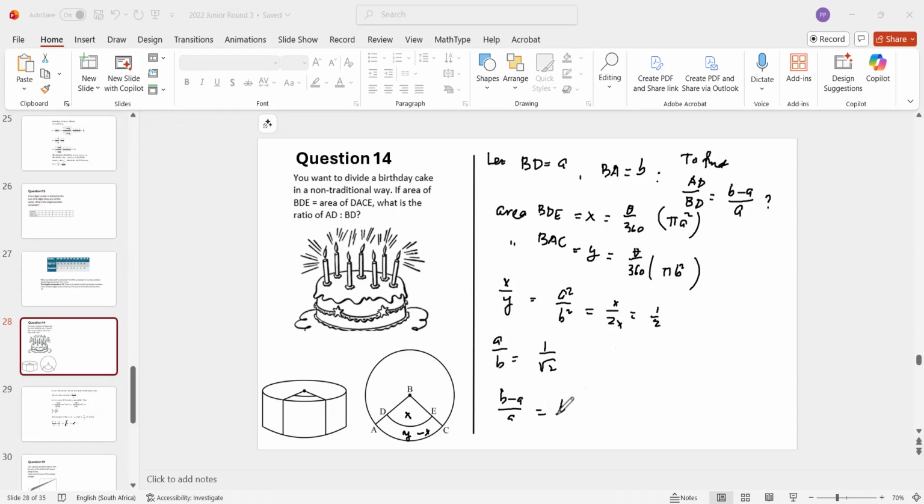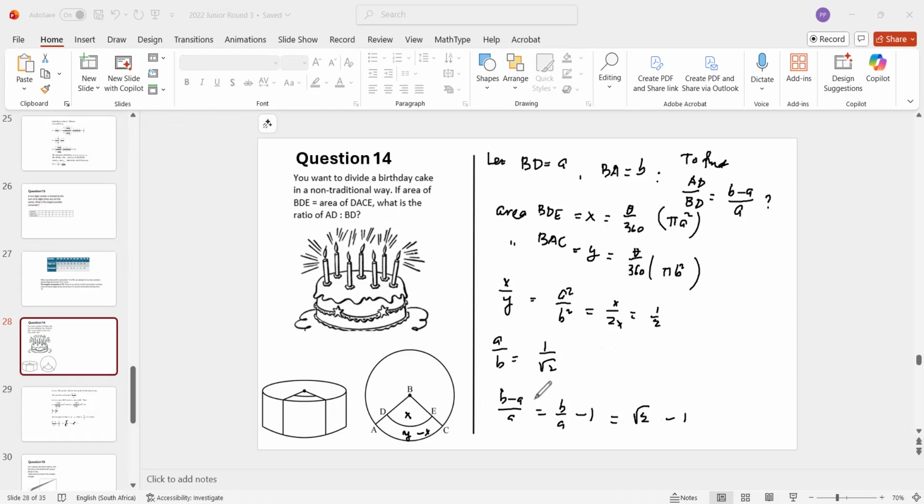This is B over A minus A over A. Right? B over A minus A over A. Now B over A, there it is. A over B is 1 over root 2. So B over A is root 2. You just have to invert the fraction.